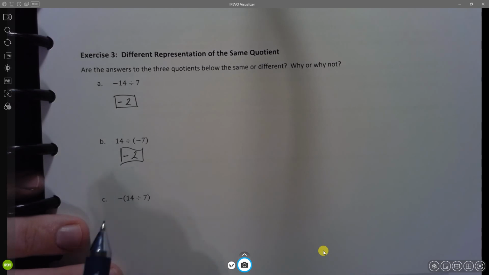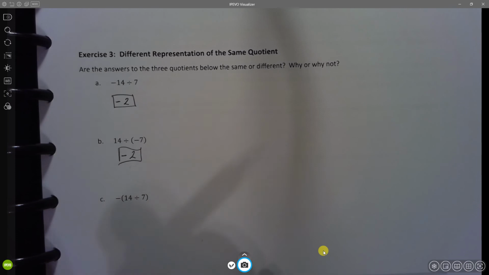All right, this is where things can get a little interesting. Since you've got the parentheses, it really does change things around a little bit. Do we get a positive or a negative 2?